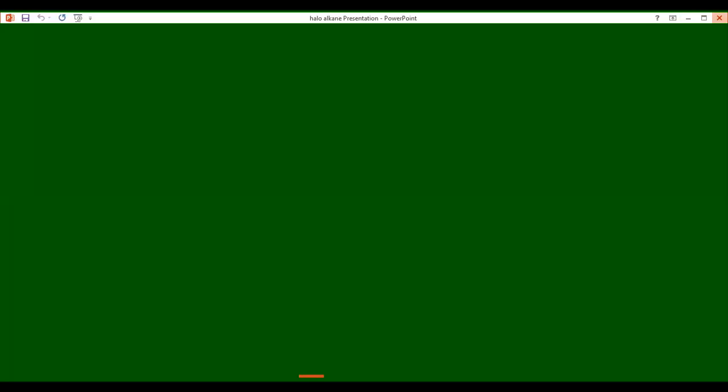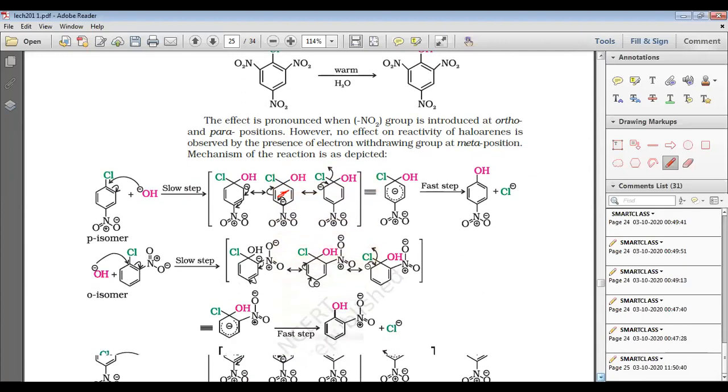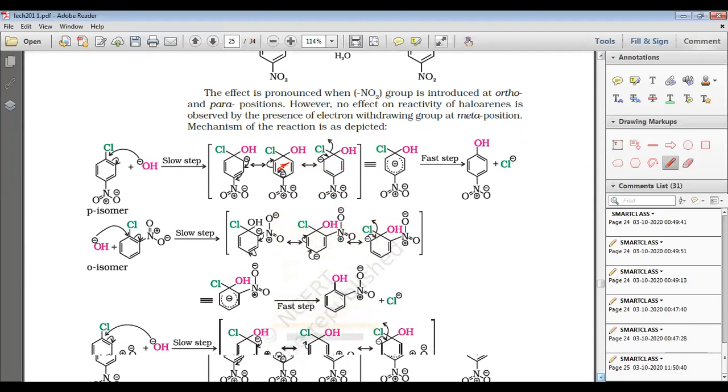And this is how we can understand the various important facts about electrophilic attacks, and why nucleophilic substitution reaction is difficult for aryl halides. I hope, my dear students, you have understood everything and you do not have any doubts. Did you understand everything? Yes, sir. Very good, very good.